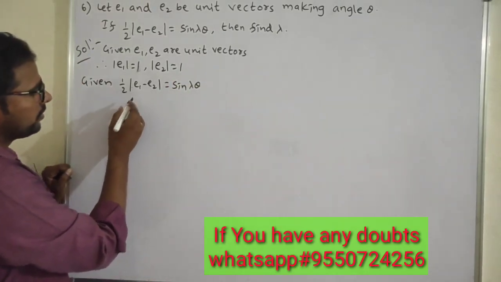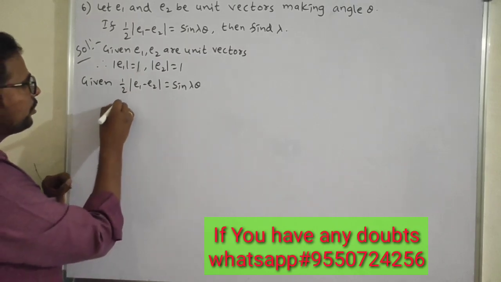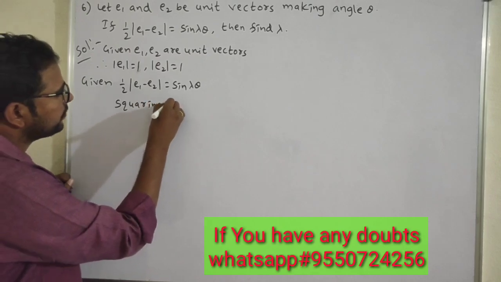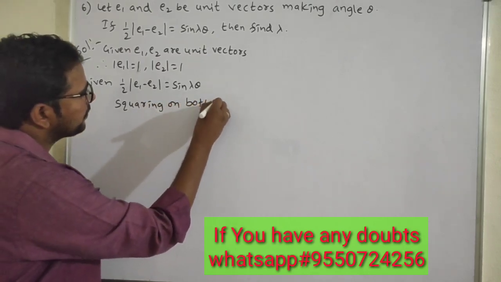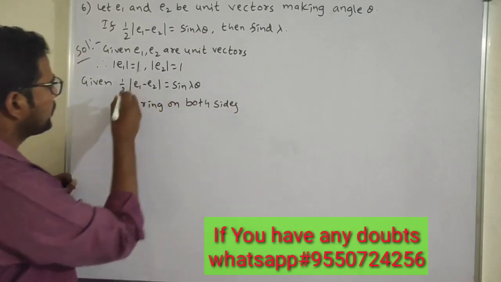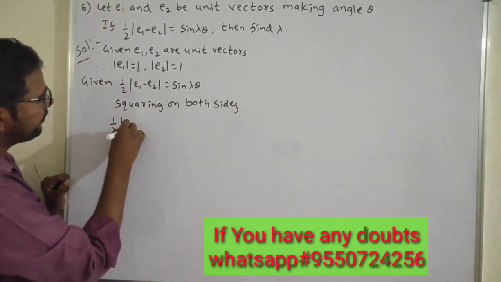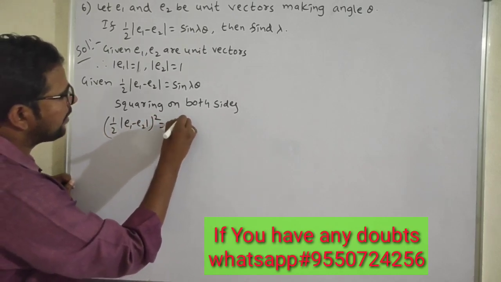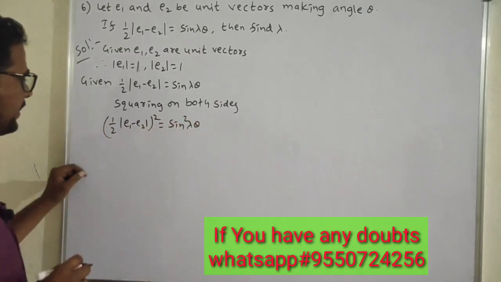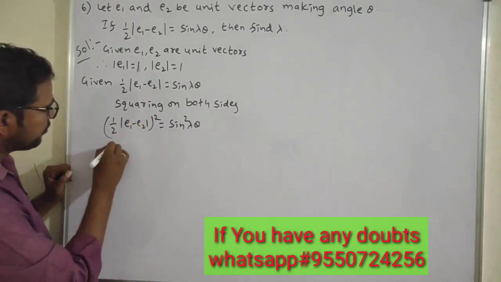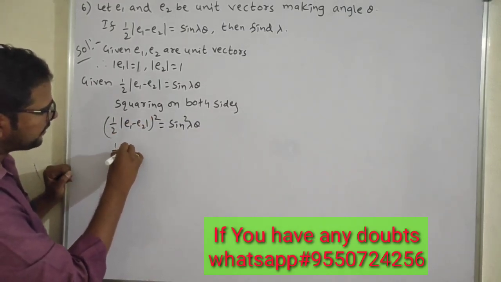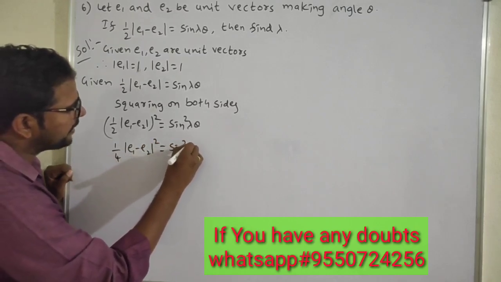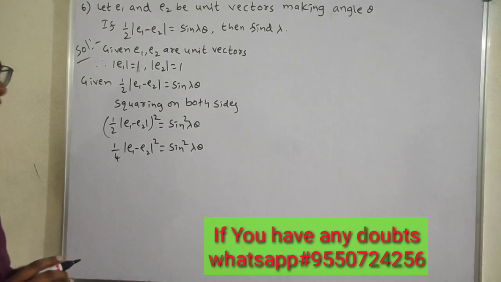So squaring on both sides: 1 by 2 modulus E1 minus E2 whole square is equal to sin square lambda theta. 2 square is 4, so it becomes 1 by 4 modulus E1 minus E2 whole square is equal to sin square lambda theta.